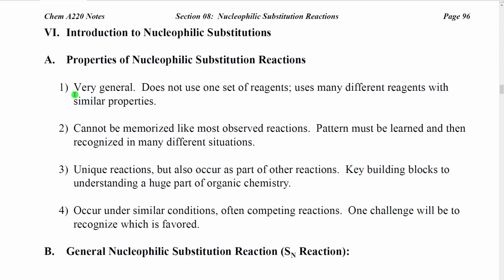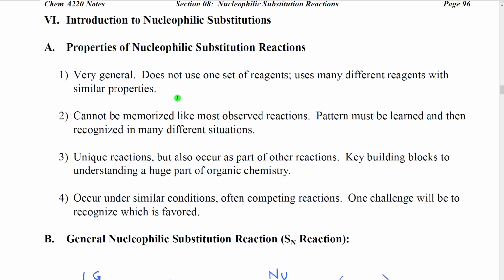For one thing, they're very general. One of the challenges of the nucleophilic substitution reaction is that it does not use one set of reagents. There are many different reagents that have similar properties, and we're expected to recognize that a particular reagent over an arrow would fall into this group of reagents that does nucleophilic substitution.